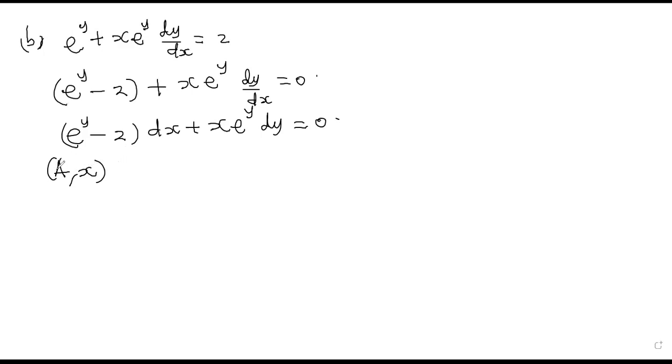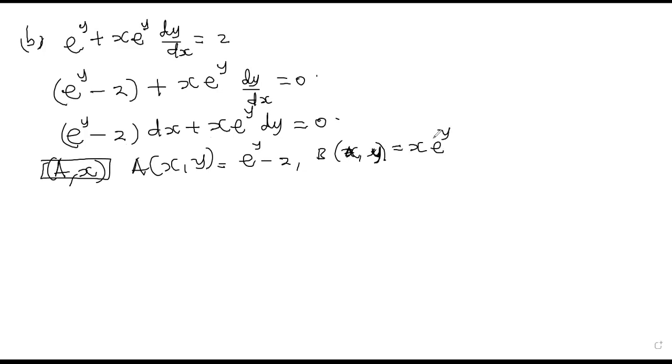This would imply that our a(x,y) is equal to e^y minus 2, while our b(x,y) should be equal to x e to the power y. We need to see whether they are exact.